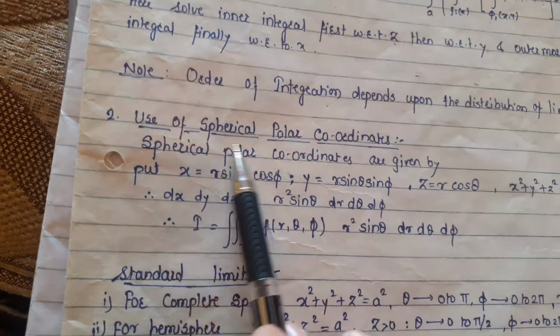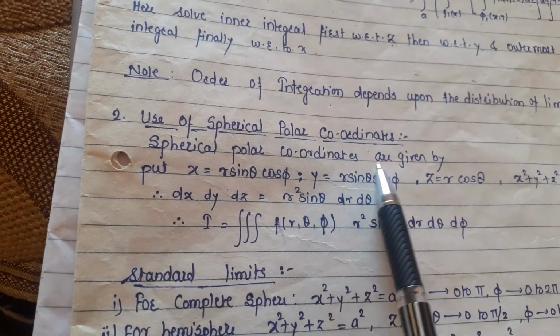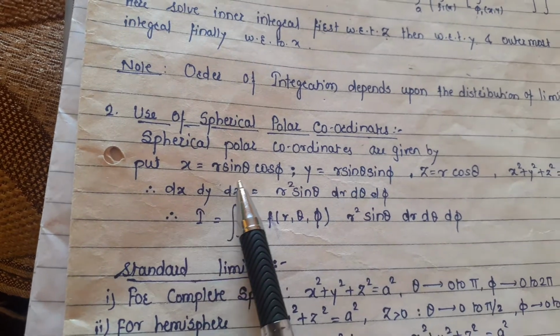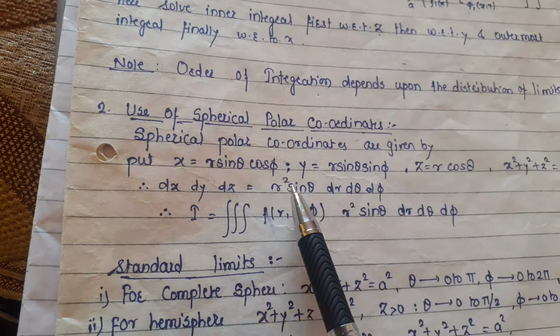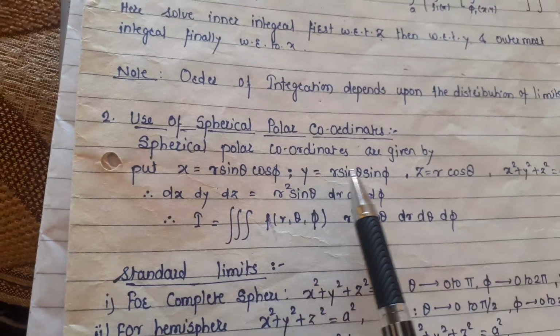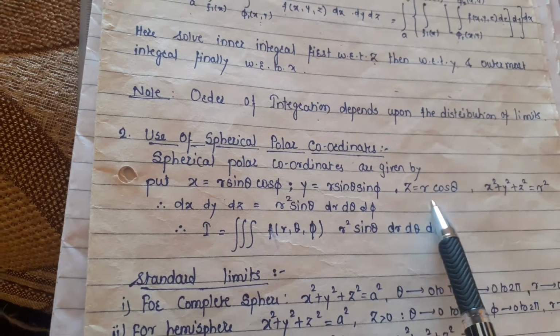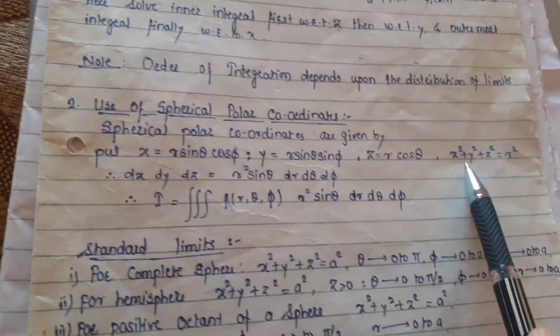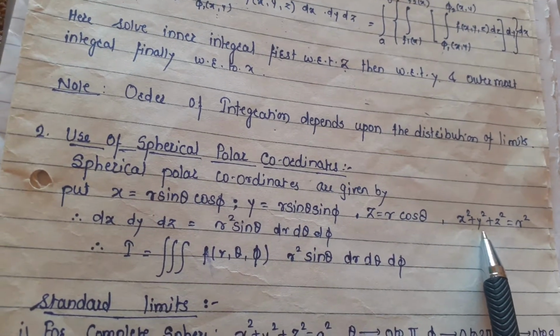The second condition is the use of spherical polar coordinates. Spherical polar coordinates are given by putting x equals r sin theta cos phi. Here phi is the one term added to spherical polar. y equals r sin theta sin phi, and z equals, as per polar, r cos theta. Here we are now in three dimensions. In two dimensions it was a circle; now in three dimensions it represents a sphere.